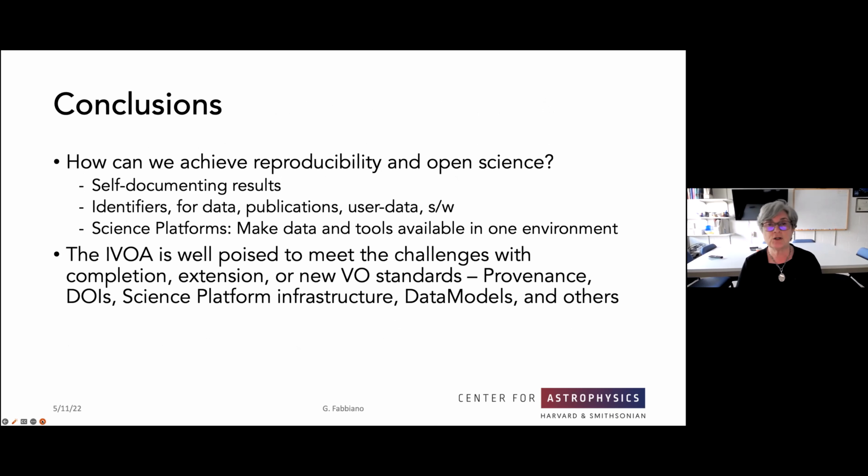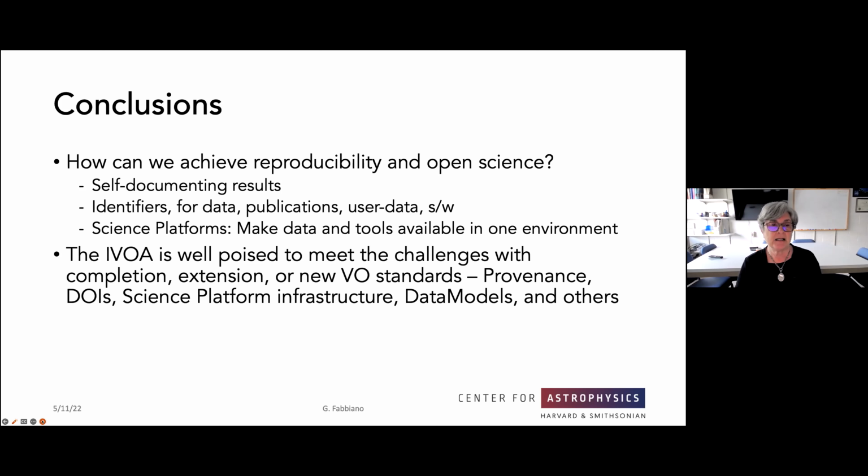So in conclusion, how can we achieve reproducibility and open science? Well, three possibilities that are for discussion are self-documenting results. There is a tradition that we have in astronomy for that. Use of identifiers, DOI, for data, publication, user data, and software to link it all together.